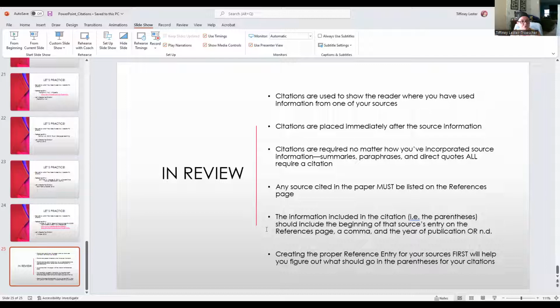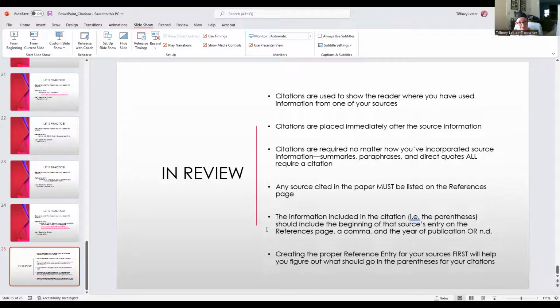Anytime you use information from a source, no matter how, you have to provide credit to that source with a citation. So any source that you use information from should be cited. Any source cited in the paper must be listed on your references page.